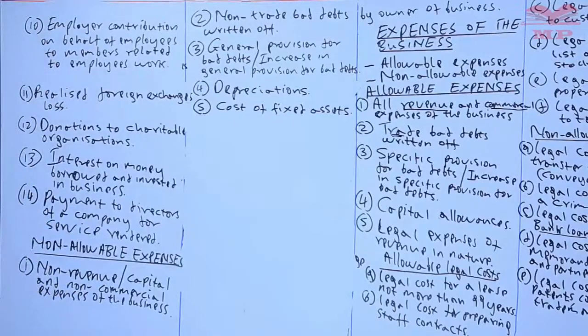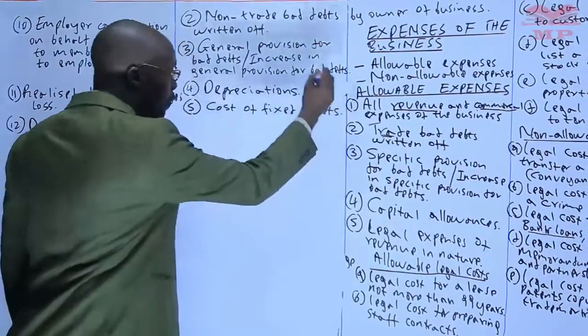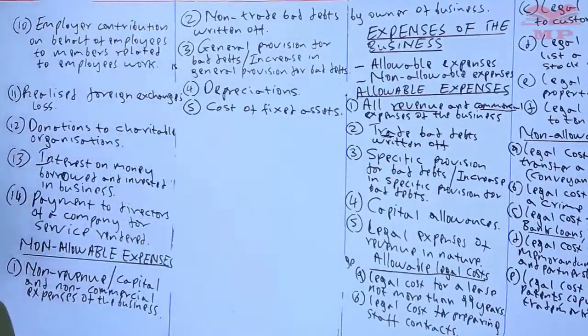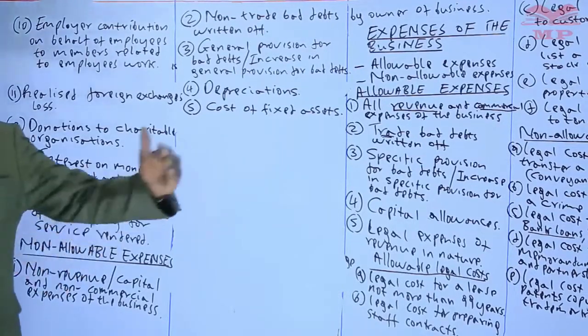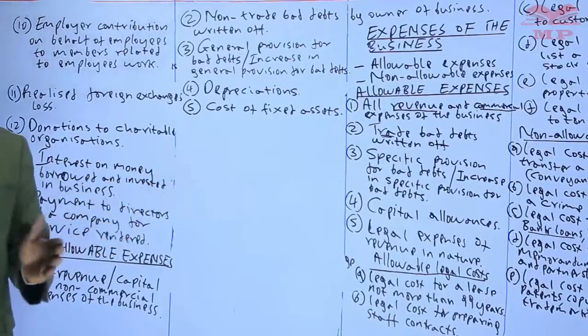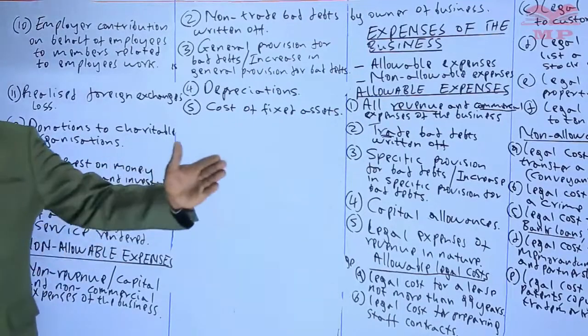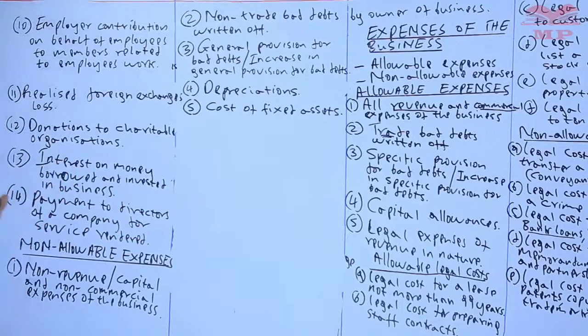We had mentioned that capital expenditure or non-revenue expenditure are usually not allowable. Reason, they are long-term costs. So you benefit out of them in the long term. So we don't usually allow them.